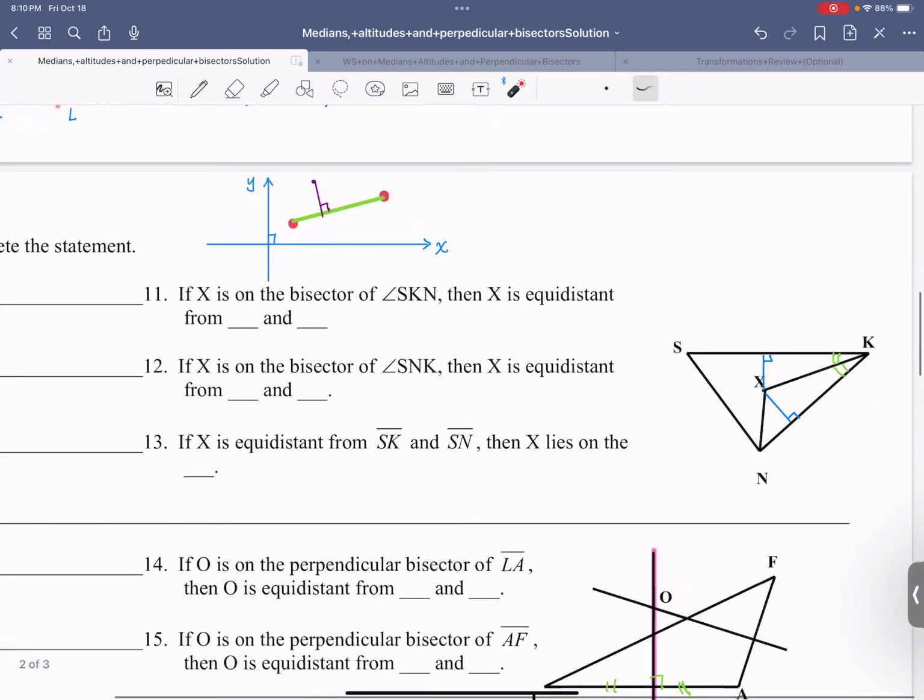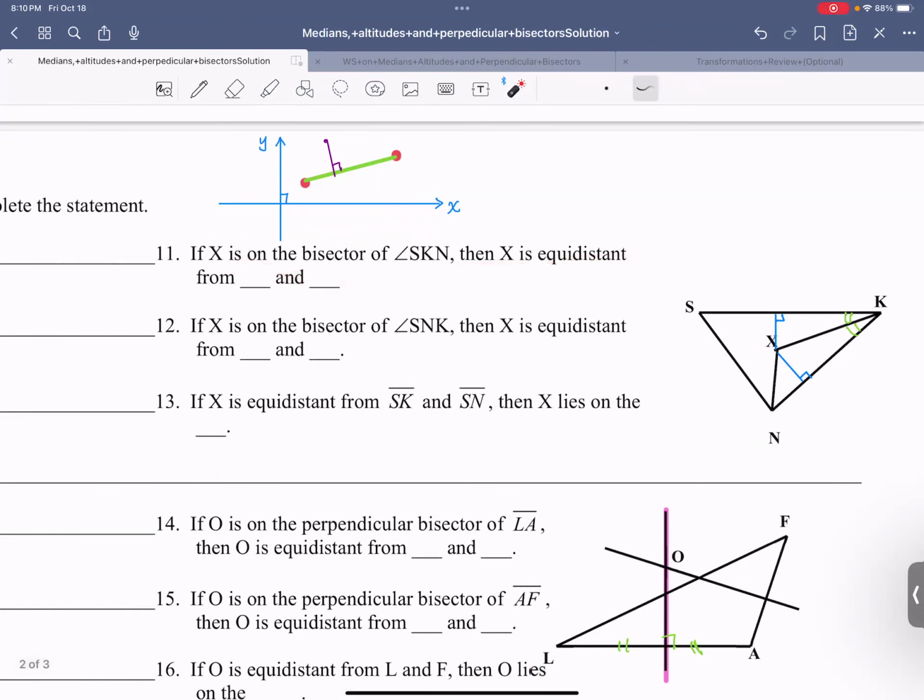So this question is asking you, X is equidistant. Equidistant is a compound word. First part is equal. Second part is distant. So they ask you, X is equidistant from what? X is equidistant from SK and NK.